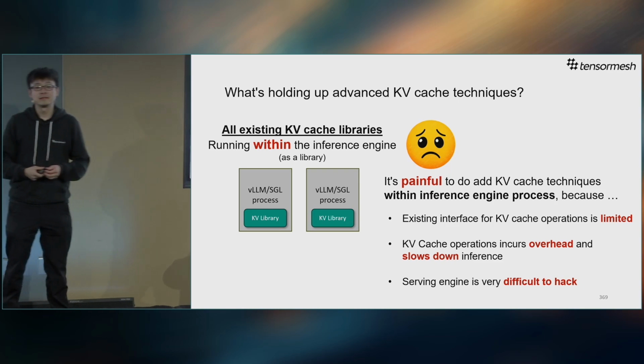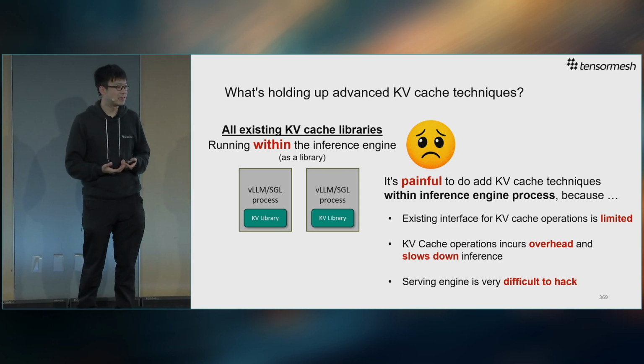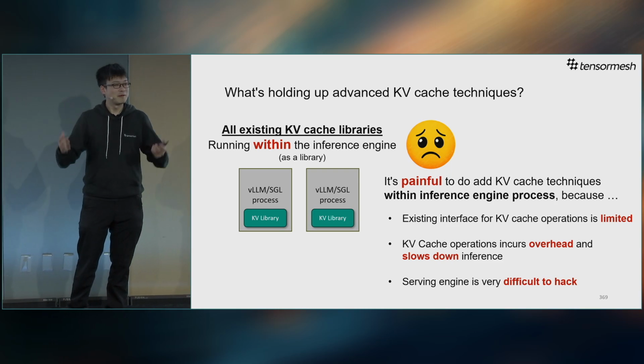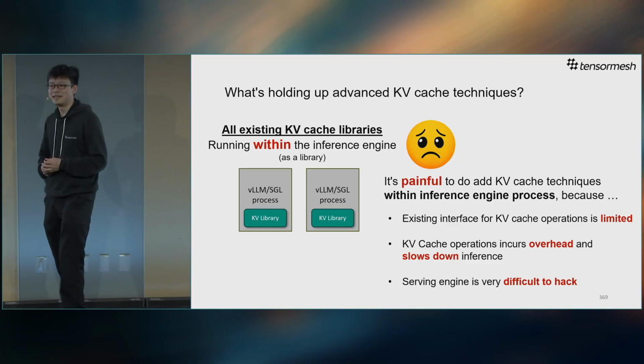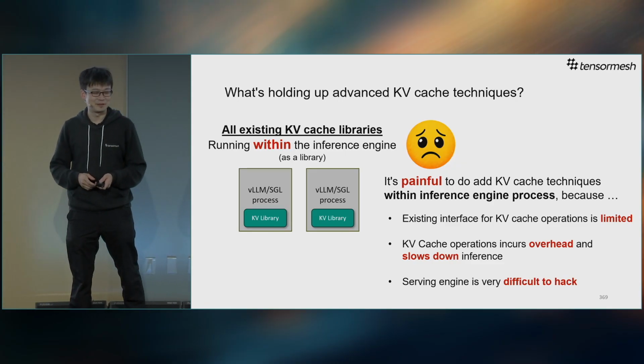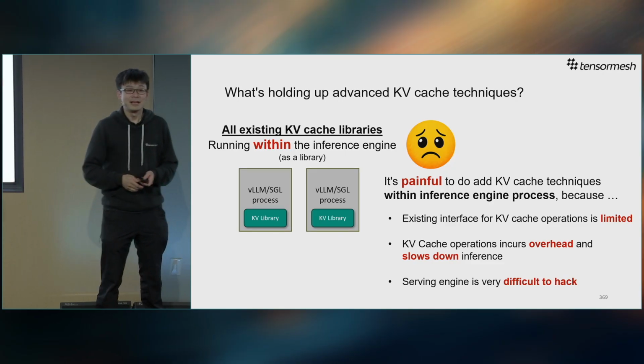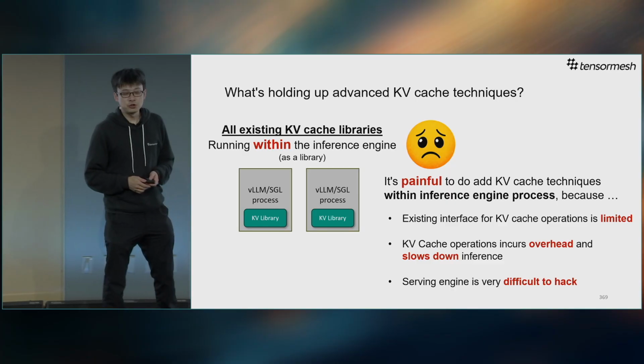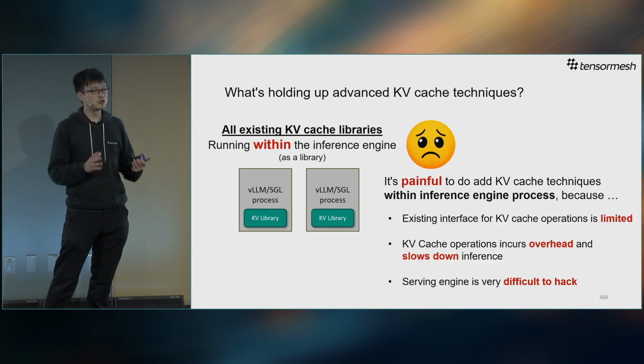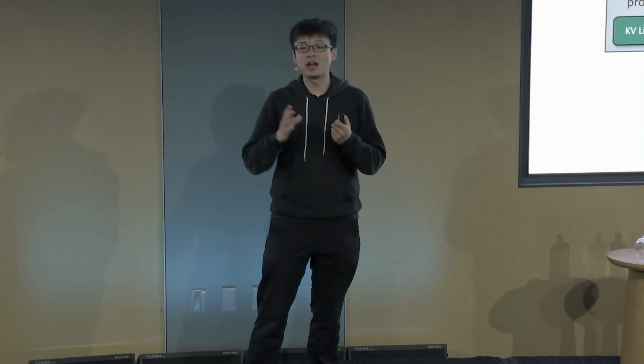And finally, these engines are extremely hard to hack. And even if you hack them, there are probably hundreds of PRs in front of yours to be reviewed by these projects. So all in all, doing things inside the inference engine seems to be the standard, but that's holding back a lot of research ideas from being used in practice.